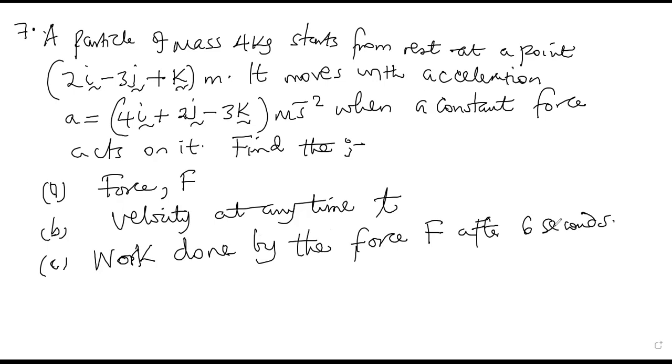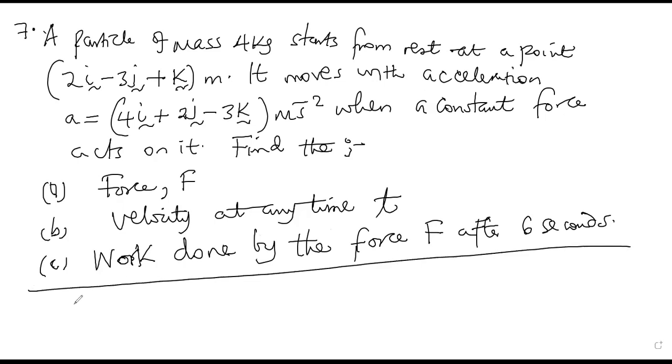The trick is on the last part because you can get force since you have mass and acceleration. But how do you get work done? You know, to get work done, you get force times distance.